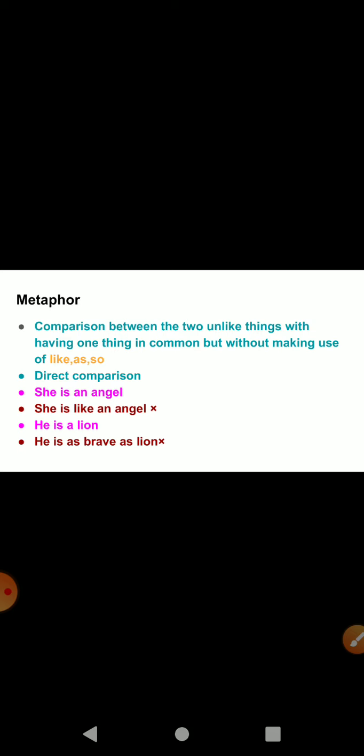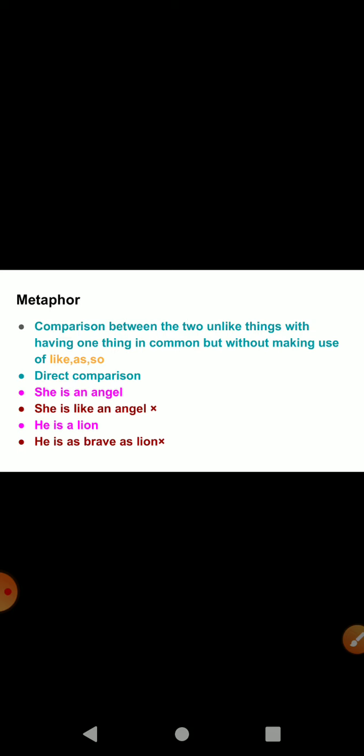So this means the camel is used as a ship. The camel is used to cross the desert. We say the camel is the ship of the desert. So here a comparison is made, but without making use of "like" or "as". The camel is used to cross the desert, so here it is referred to as a ship.